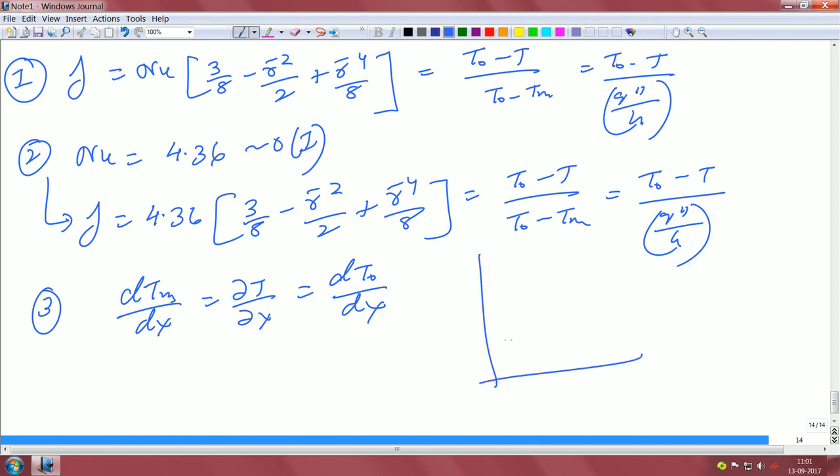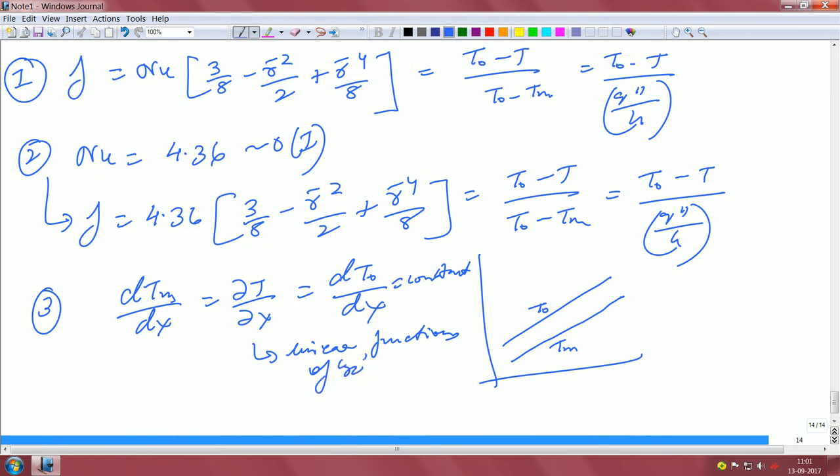So, we said that these two temperatures, well, I have not drawn it exactly parallel, this will be T naught, this will be Tm. Both of these temperatures vary linearly with x, linear functions of x, and this is equal to a constant, which was a surprisingly interesting tool.